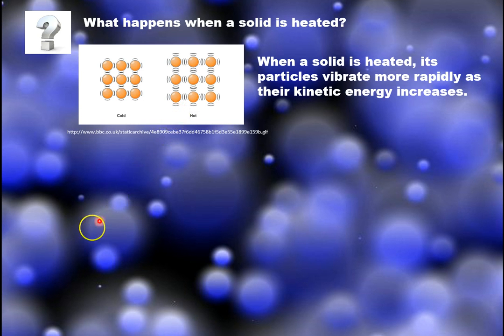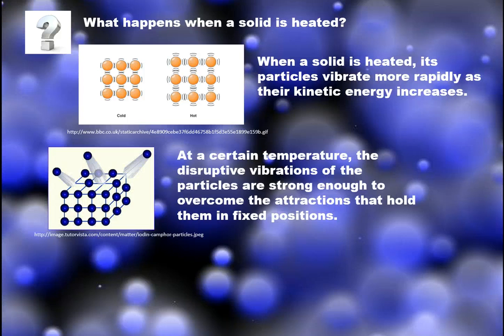So those particles are going to vibrate more quickly with more energy, until it reaches a certain temperature. At that temperature, the disruptive vibrations of the particles are strong enough to overcome the attractions that hold them into their fixed positions, as we see some of these particles being ejected from the surface of that solid structure.